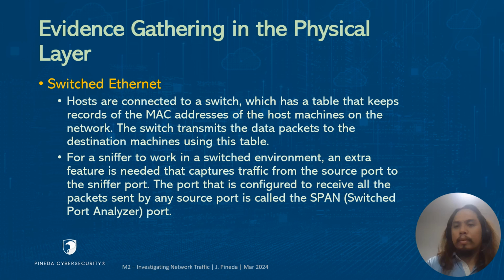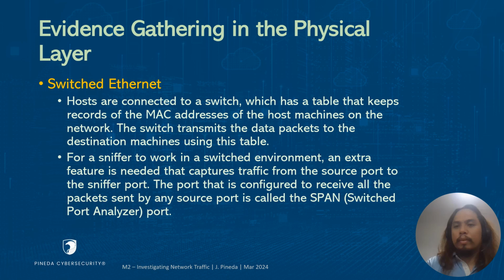Again, when we talk about ARP, or the address resolution protocol, it lists all the IPs within the network, its neighbors and other machines, and their corresponding MAC addresses or hardware addresses.